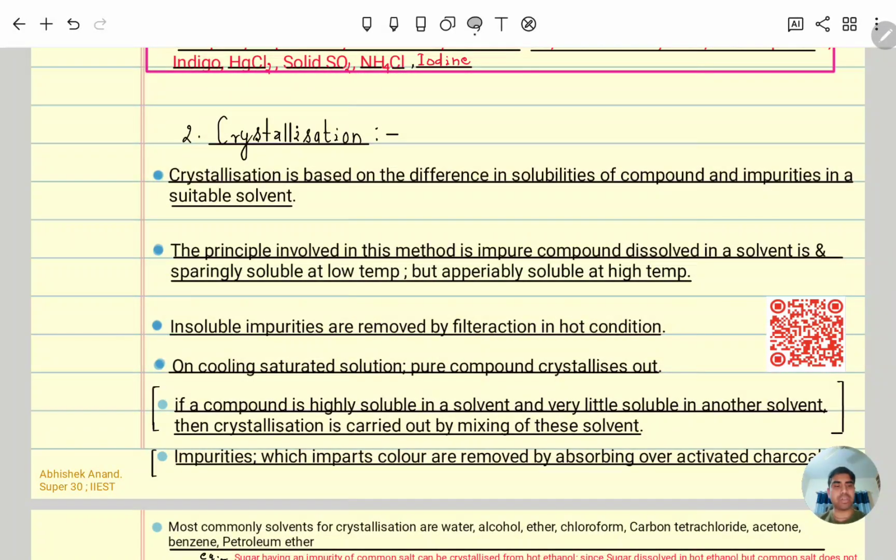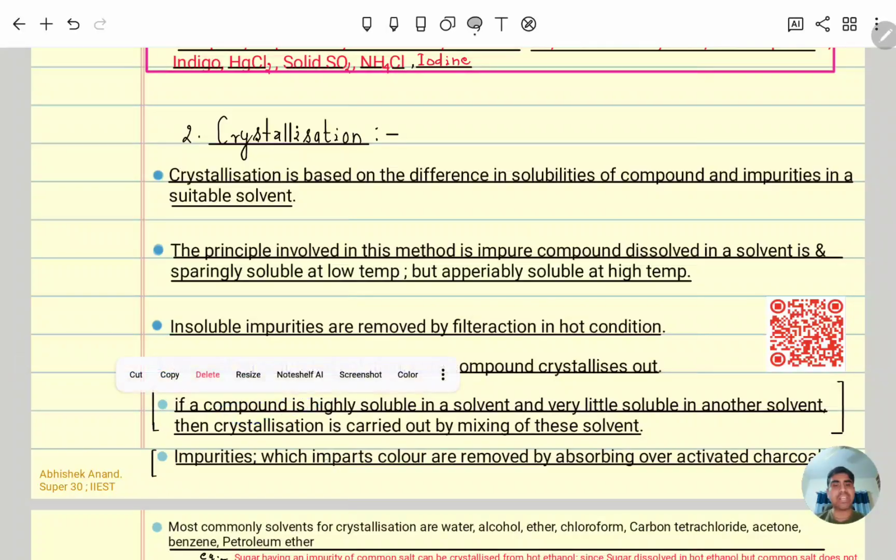Some of the impurities, after heating, will start floating on the surface of the solution, so we can remove them by filtration. After that we keep the saturated, concentrated solution undisturbed for cooling, and after some period of time pure crystals will crystallize out. Here you can see two other extra points.